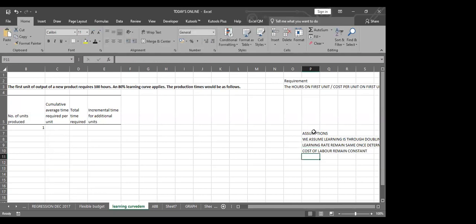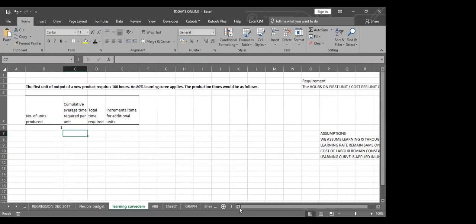And another issue is that learning curve is applied mostly in units industry, you know, and not service. It could be a weakness also. Anyway, there are some assumptions which are there. So we assume doubling effect. We'll see how it assists, and that is the case.